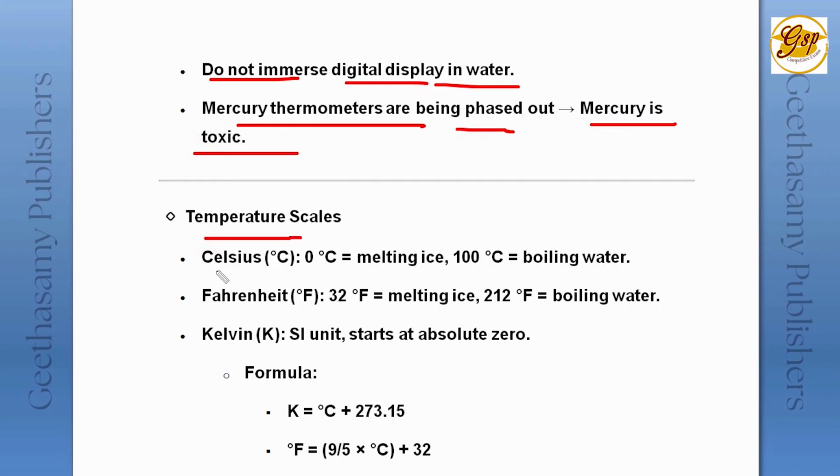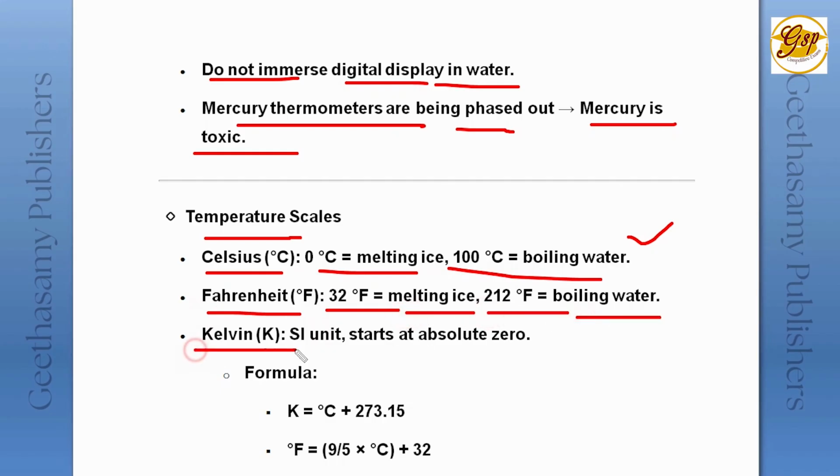Temperature scales: Celsius, 0 degrees centigrade is melting ice and 100 degrees centigrade is boiling water. Fahrenheit, 32 degrees F is melting and 212 F is boiling water. And Kelvin, the SI unit, starts at absolute zero.